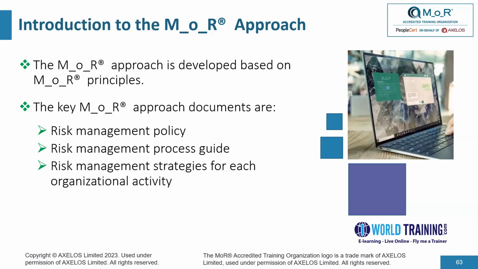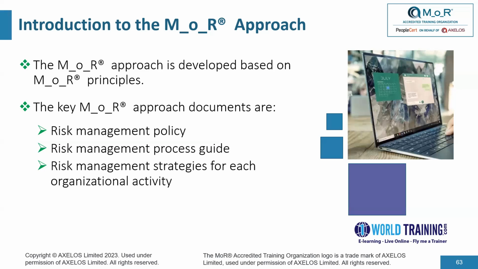So the policy, along with the process guide and the strategies, are important documents providing explanation on how the organization will implement risk management. These documents describe the activities to be undertaken, the sequence in which the activities are performed, and the roles and responsibilities necessary for their delivery.